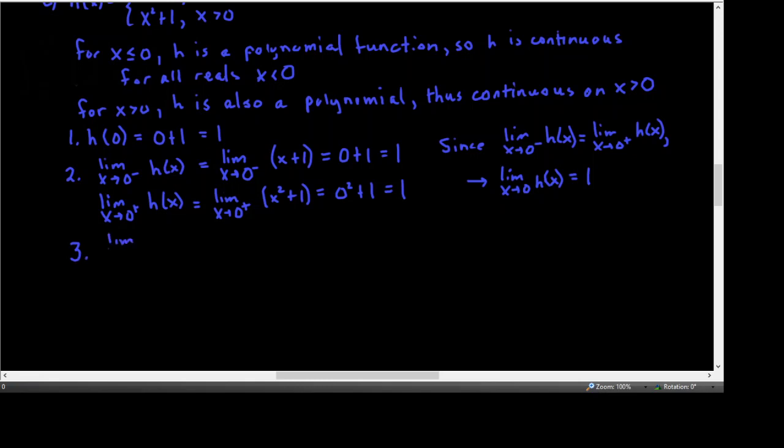of these two things that exist, the limit as x approaches 0 of h of x, is that indeed equal to h of 0? And it is. 1 and 1 are the same number.